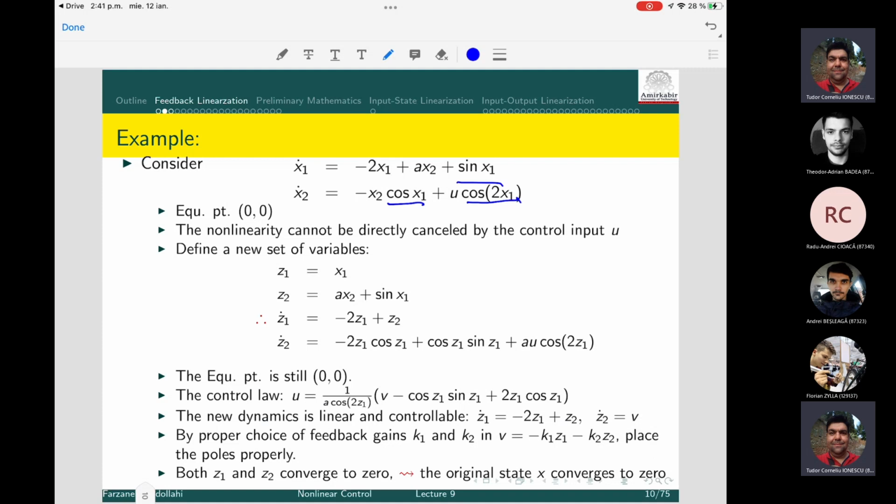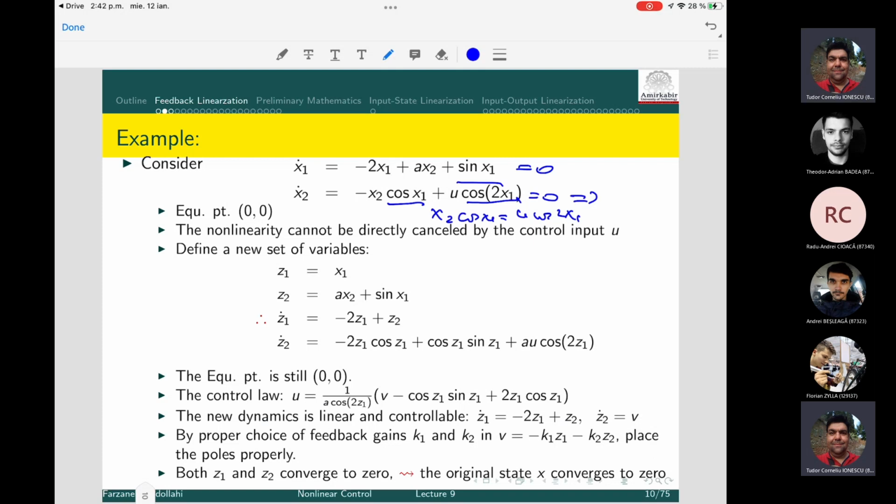If this is 0, then you get this equation, x2 cos x1 is u cos twice x1. 0, of course, is a solution, and apparently it should be the only one.